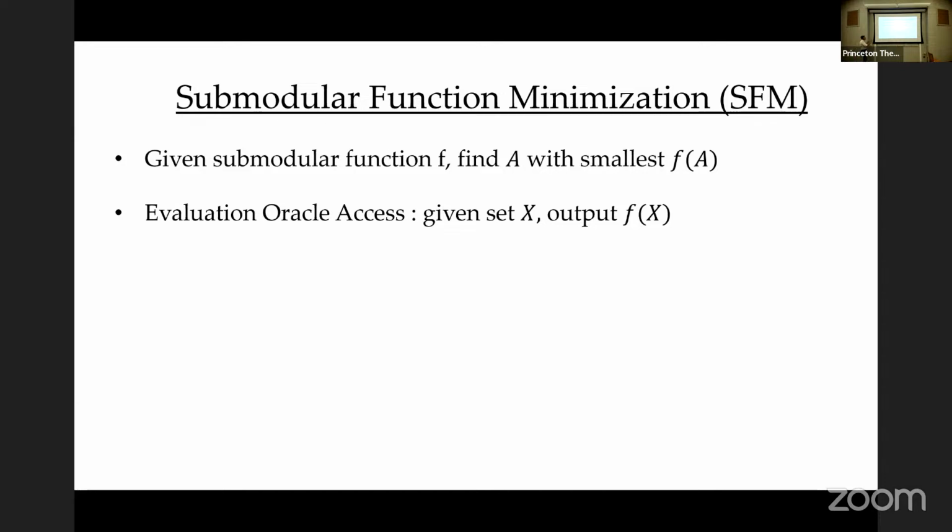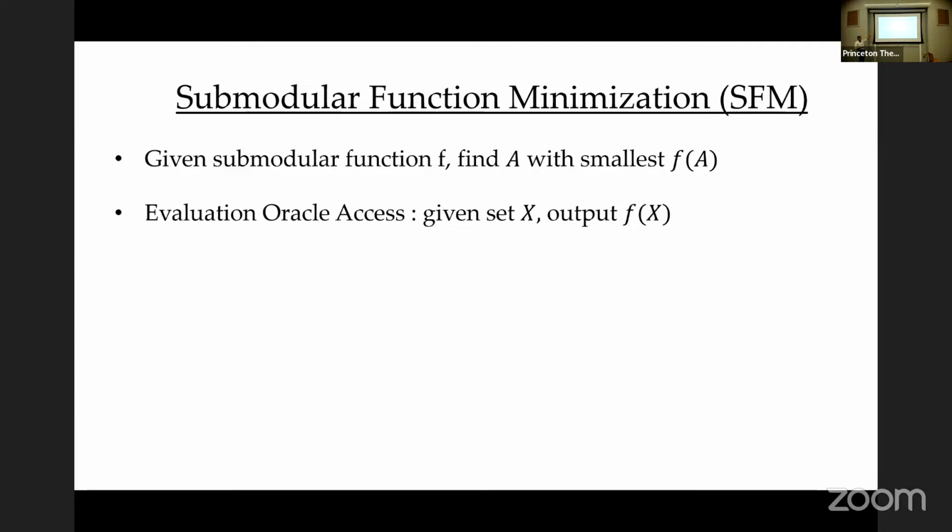And many other functions which are submodular, the minimization problem applies. So that's one reason to look at this problem. And the other reason, which leads us theorists to study this, is that it's extremely beautiful.